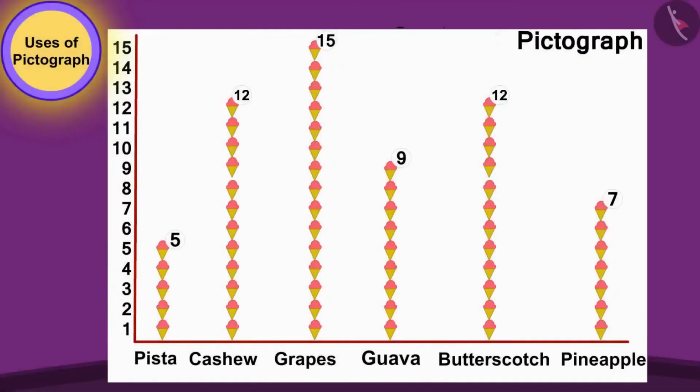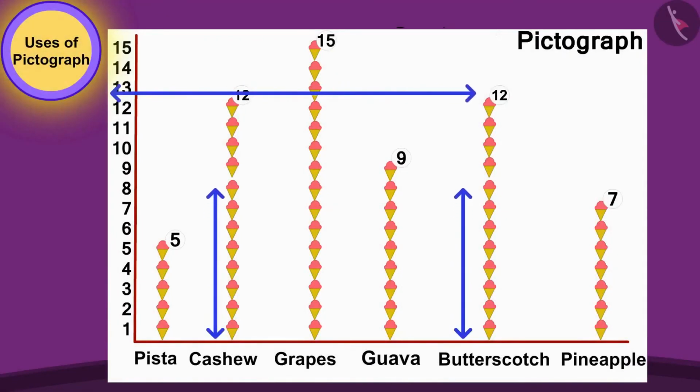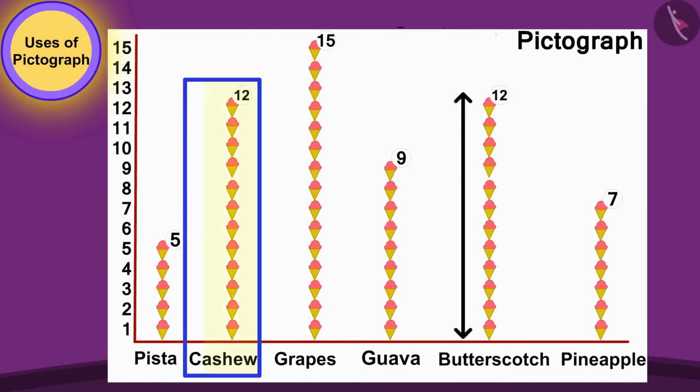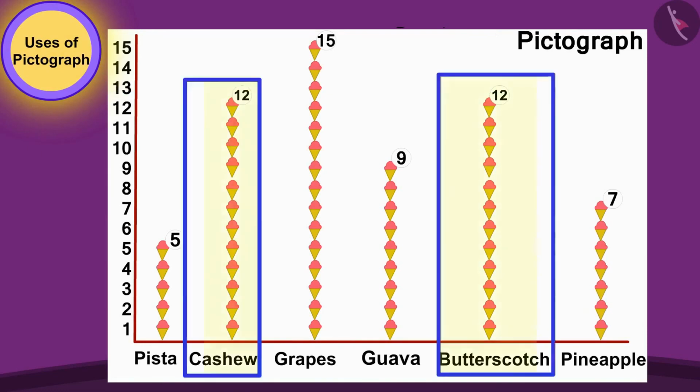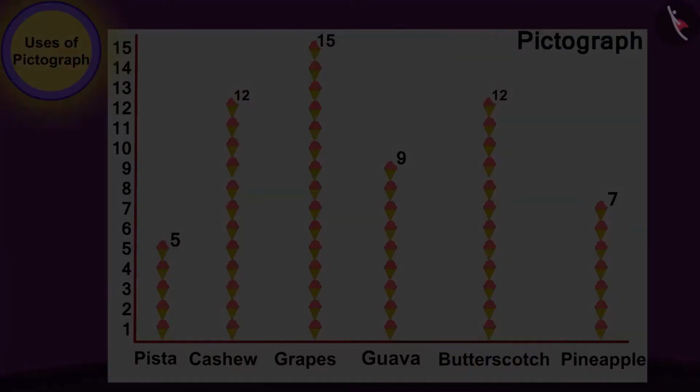Well done, children. Your answer is absolutely correct. Cashew and butterscotch ice cream lines are of the same height. Therefore, the number of people who like cashew and butterscotch ice cream is the same.